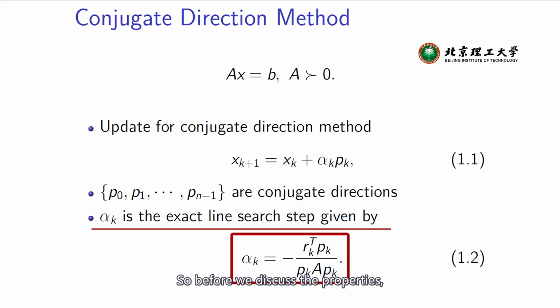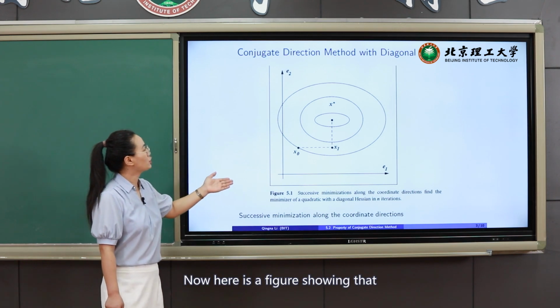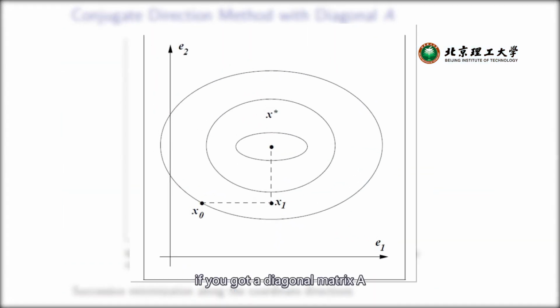Before we discuss the properties, let's generate some figures to demonstrate how the conjugate direction method works. Here is a figure showing what happens if you have a diagonal matrix A and use the coordinate directions.